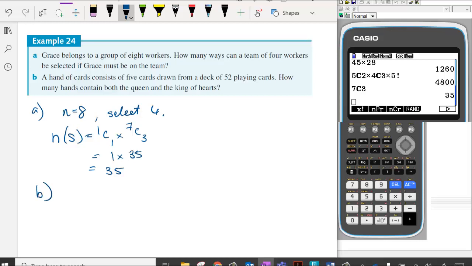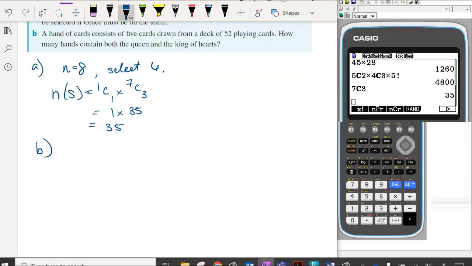When we look at B, we have a hand of cards consists of 5 cards drawn from a deck of 52 playing cards. How many hands contain both the Queen and the King of Hearts? So in this case, we start off with N is equal to 52 and R is equal to 5, but we're reducing by 2.